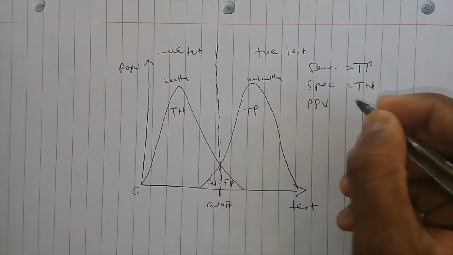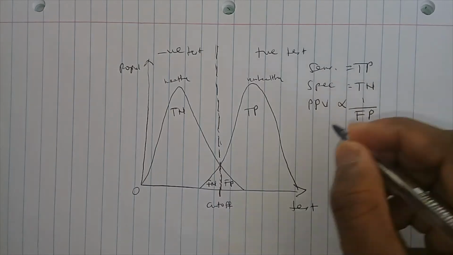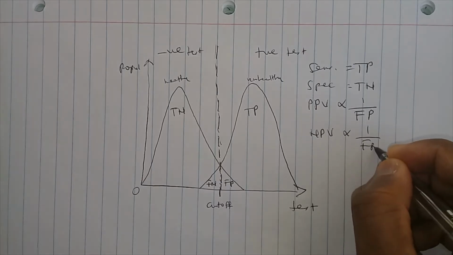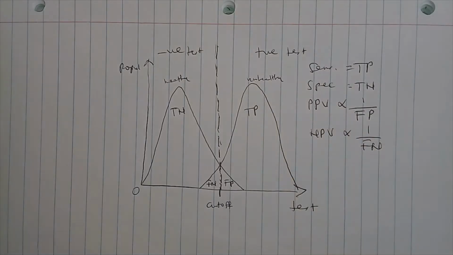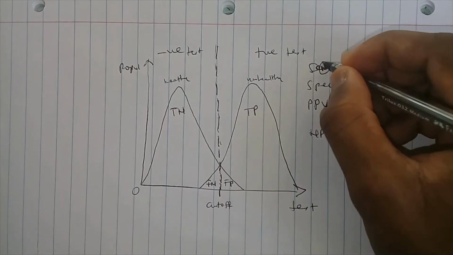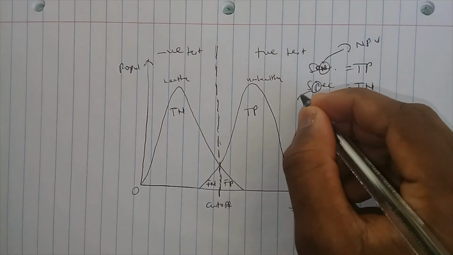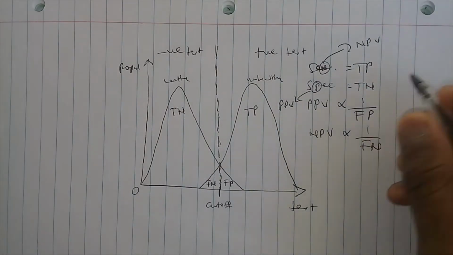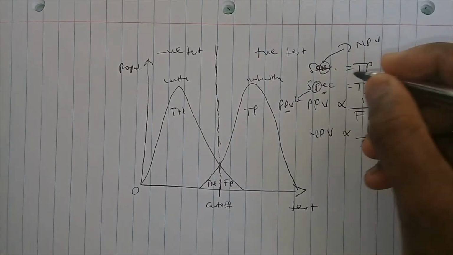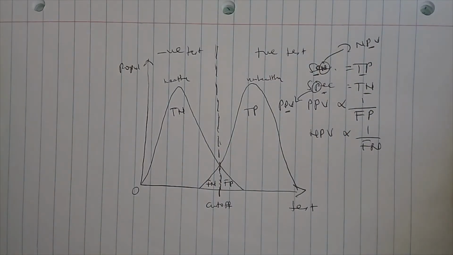PPV is inversely proportional to false positive, while NPV is inversely proportional to false negative. Another way to quickly remember is, if you look at sensitivity, the N in sensitivity, you can see that as NPV, and then specificity, the P in specificity, you can see that as PPV. So basically, specificity, true negative, and PPV will go in the same direction. Sensitivity, true positive, and NPV will go in the same direction.